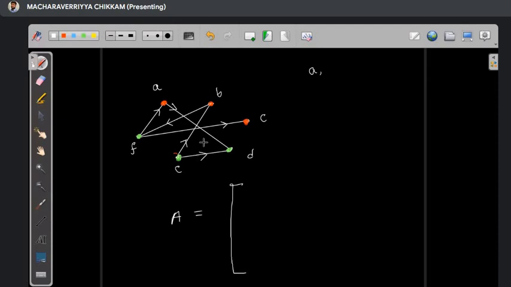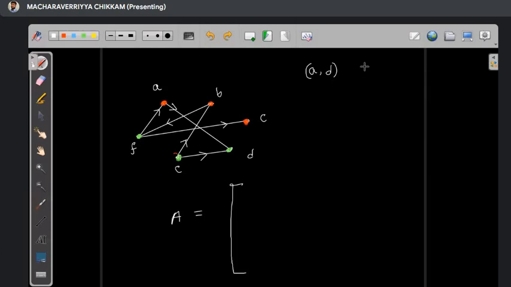Only 6 edges are there, right? So let me denote those 6 edges. So one is AD and another one is FA. AD is 1, that's it.